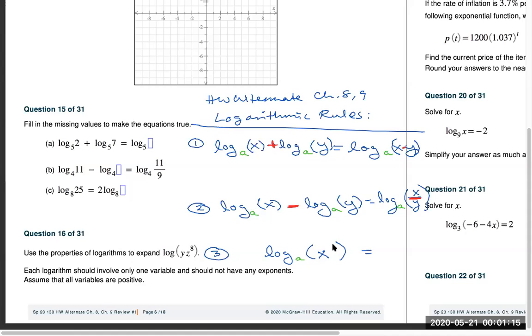The expansion for this is still going to be one log, but now you're going to bring this exponent down to the front. So it's going to be C log base A of x.